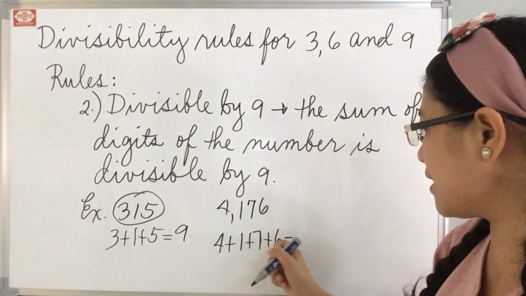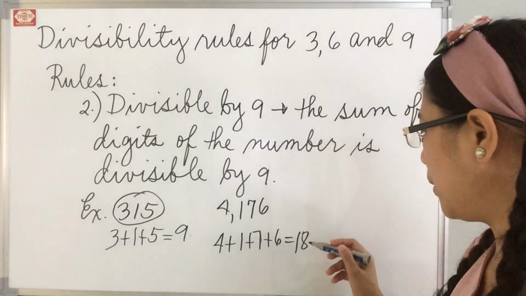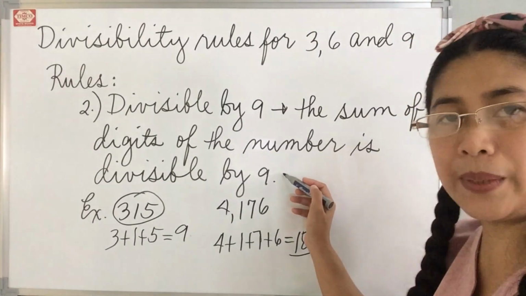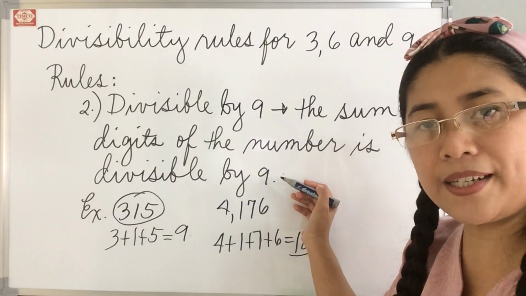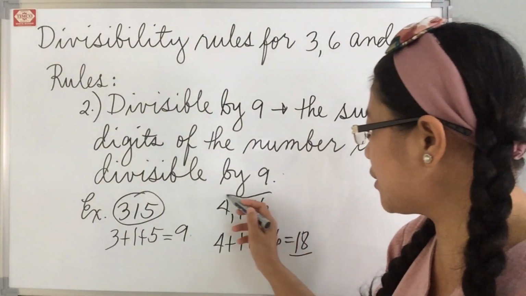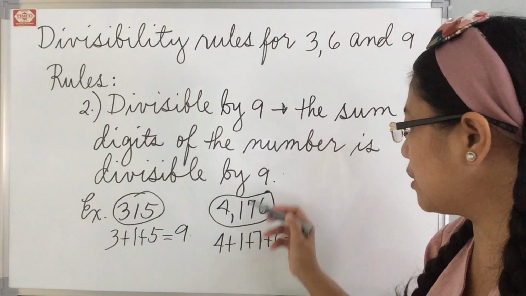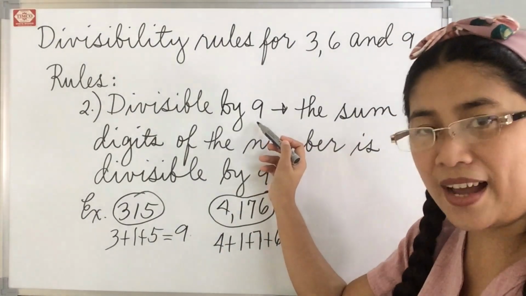And 12 plus 6 is equal to 18. Now, is 18 divisible by 9? Yes, because 18 divided by 9 will give us 2. So therefore, this number, 4,176, is divisible by 9.